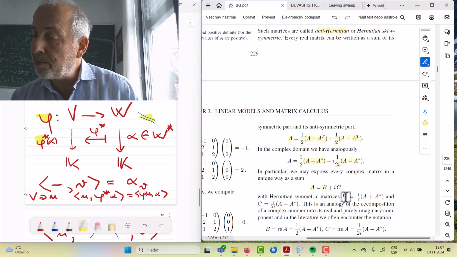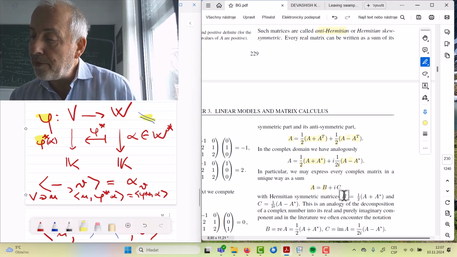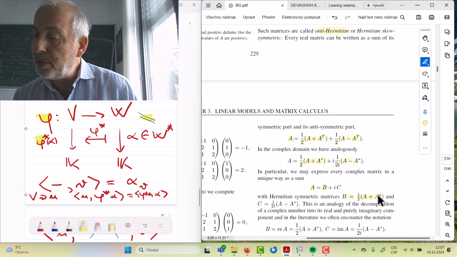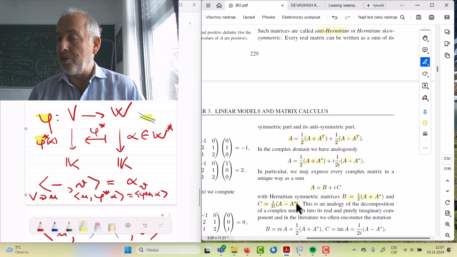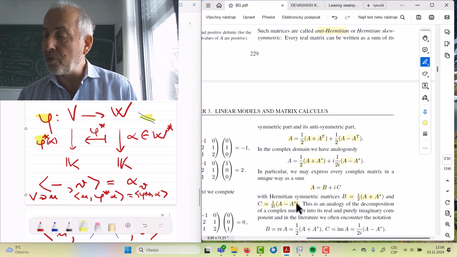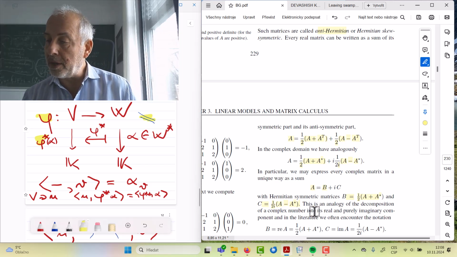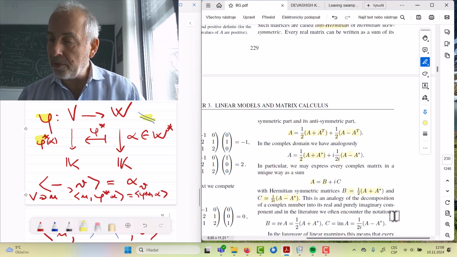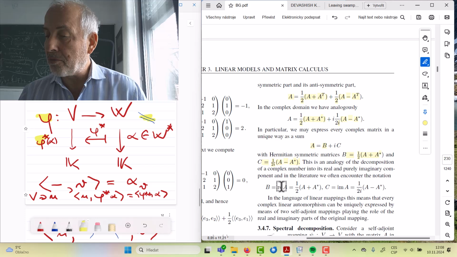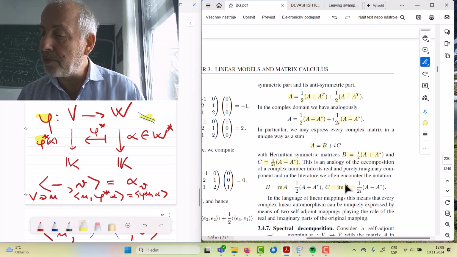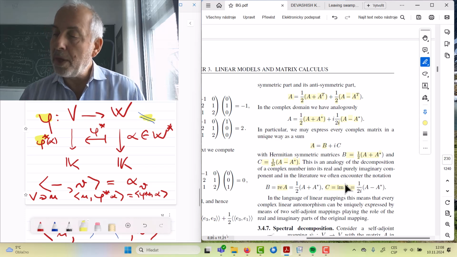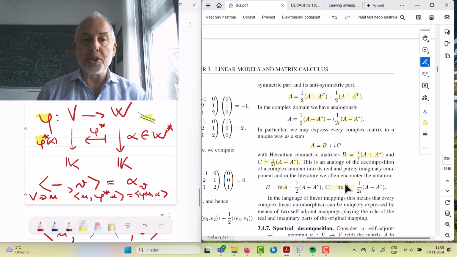So you simply have two Hermitian matrices, B and C, and this is just a complete analog to the decomposition of complex numbers into their real and purely imaginary components. So you often also find in the literature writing B as the real part of A and C as the imaginary part of A. Right, so that's a nice observation.